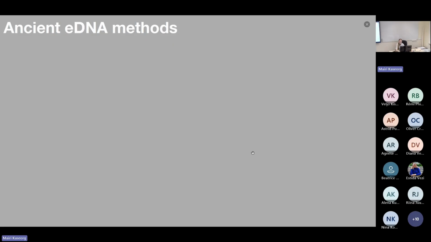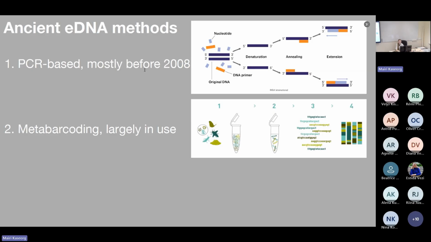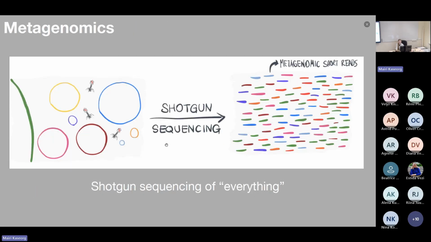And then very briefly about the methods. At first, PCR-based methods were used, as for all genetics. But since then, what is still used quite a lot is metabarcoding, where we are focusing on specific parts of specific genomes. But also metagenomics is now used widely, and this is what we are using and what I will focus on today.